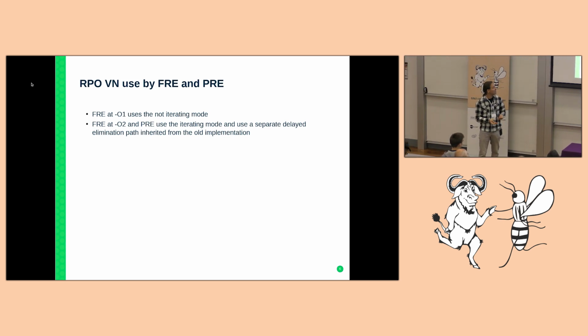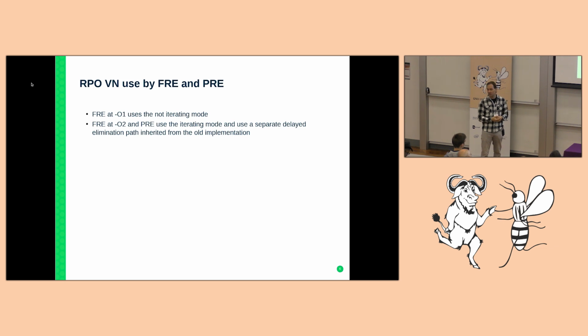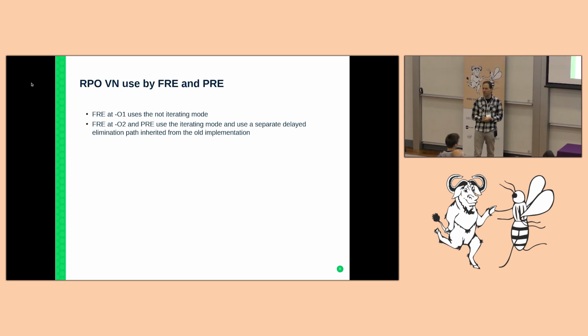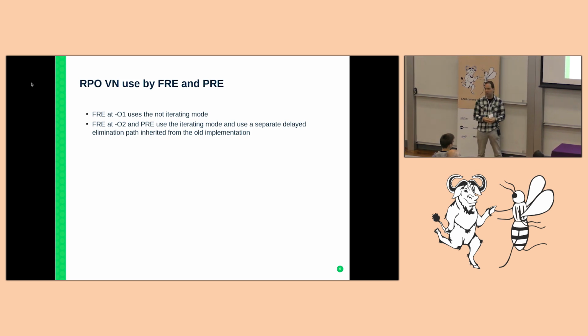So I chose to switch the value numbering to the non-iterating mode at O1, which makes it faster than the previous implementation for O1, and use the iteration only for O2 and for PRE, which also only runs at O2.